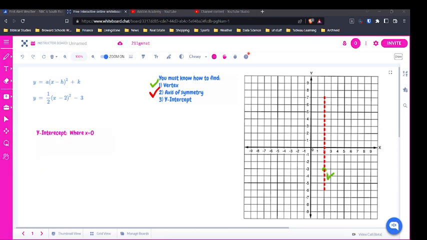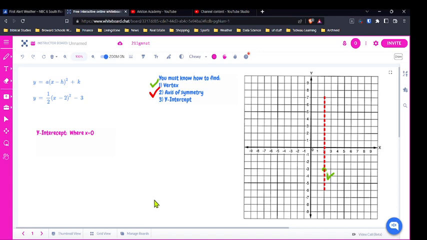All right, now the Y-intercept. The Y-intercept is always defined for any kind of curve, any kind of line, any function. It's where x equals 0. All right, so how do we find the Y-intercept?